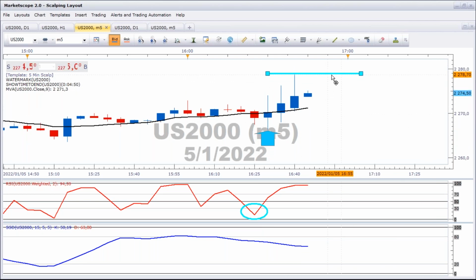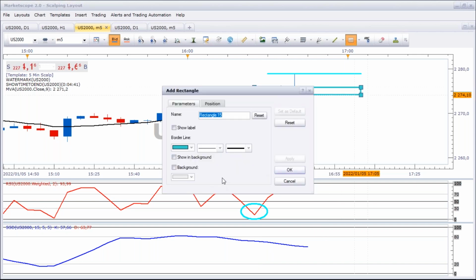This is looking very much like we're dealing with some resistance here. Okay, so we're just going to have to keep an eye on that.